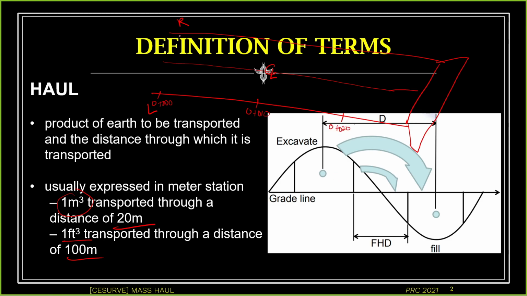So, with this, ito yung kinoconsider natin. Then, from center line, may stationing din tayo dito. So, it could be 1 plus 700. Ito naman ay 1 plus 800. Ito naman ay 1 plus 600. Depende sa cross-section. So, yan yung basic natin na we will consider 1 cubic meter that will be transported through a distance of 20 meters.